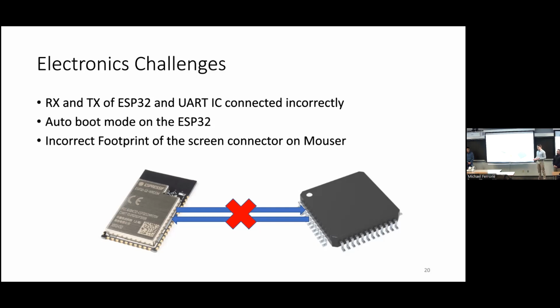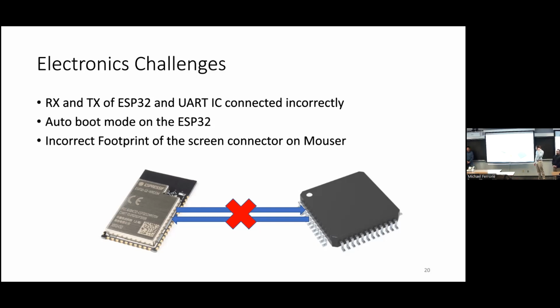On the original iteration of the board, these were connected backwards. Essentially RX to RX and TX to TX, which does not work. You can't receive to another receive port. You have the RX to TX and then TX to RX. Thankfully, we were able to fix this on our first board by cutting some traces and soldering some small wires on. That allowed us to then start programming our custom board and uploading custom software.